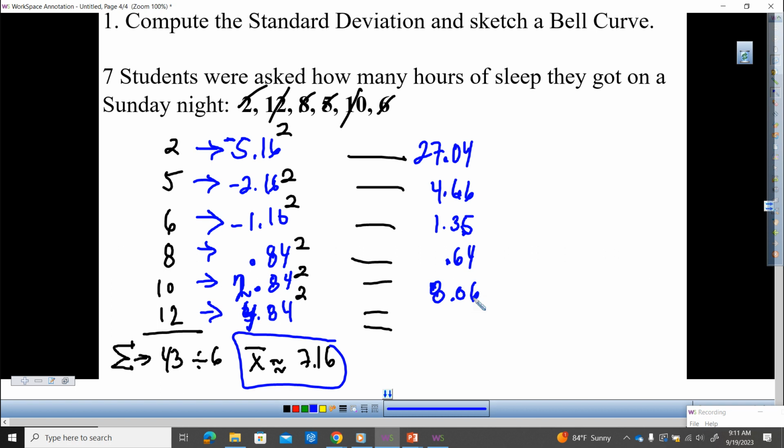All right. And then we got 4.84 squared. What'd you get, Bree? 4.84 squared.